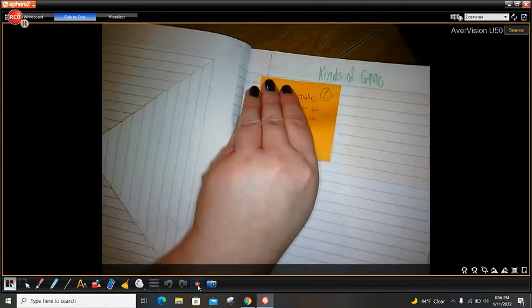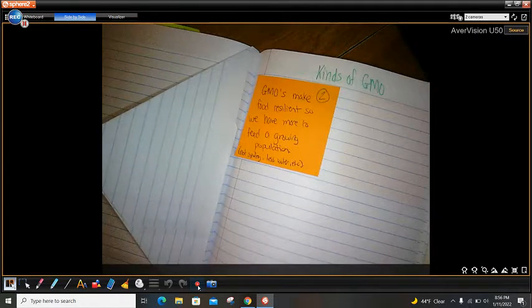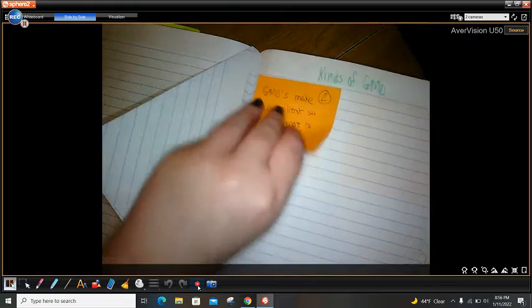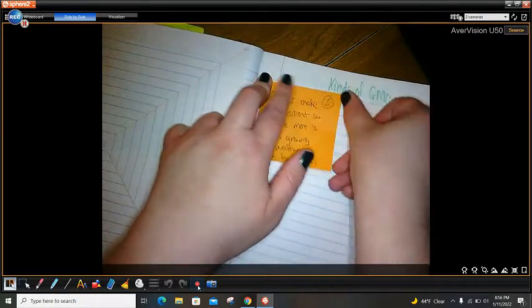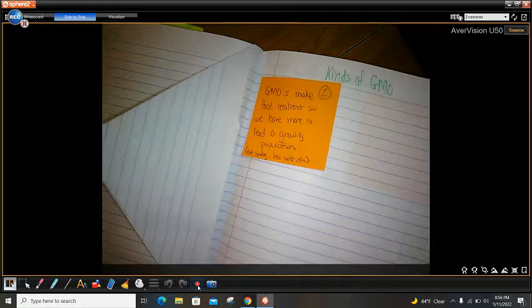Like what the GMO's purpose is. Or maybe would that go under how GMOs work? I'm going to stick it here. Like I said, you can put it on your own. It doesn't have to be perfect.